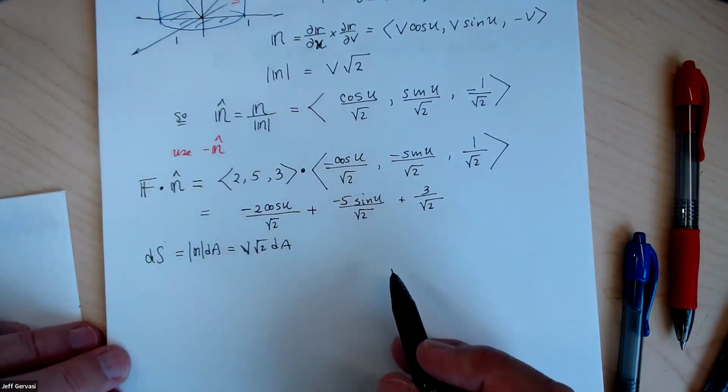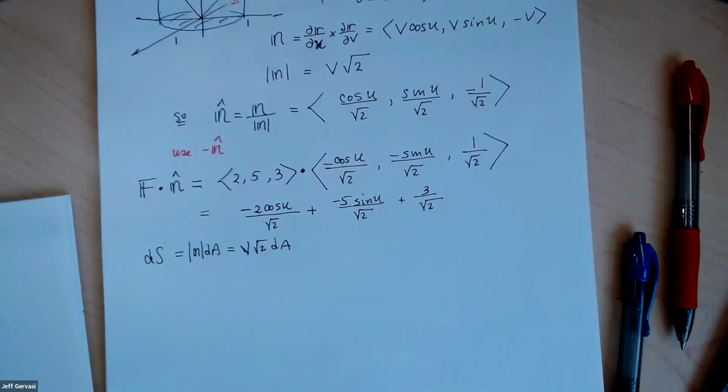All right, so when I multiply everything together then, that's the next step, f dot n multiplied by the dS.